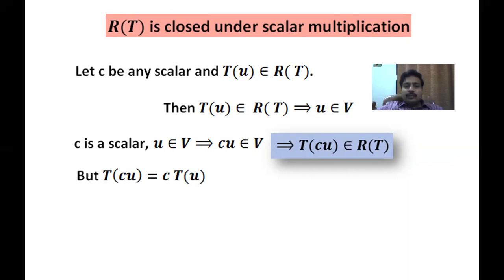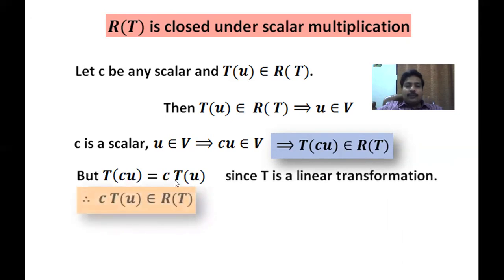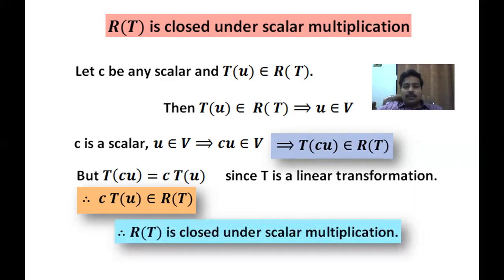So if T of cu is in range of T, then this is also in range of T. So c times T of u belongs to range of T. This is true whenever c is a scalar and T of u is in range of T. So I can say that range of T is closed under scalar multiplication.